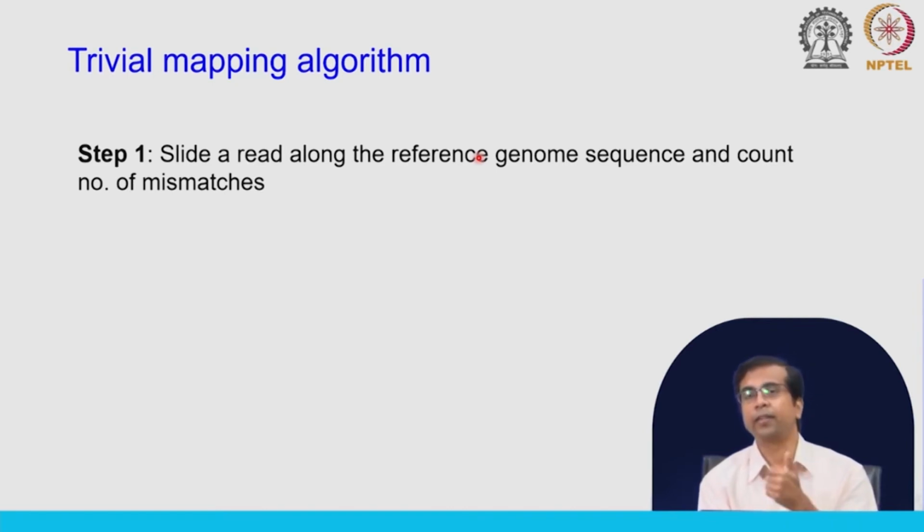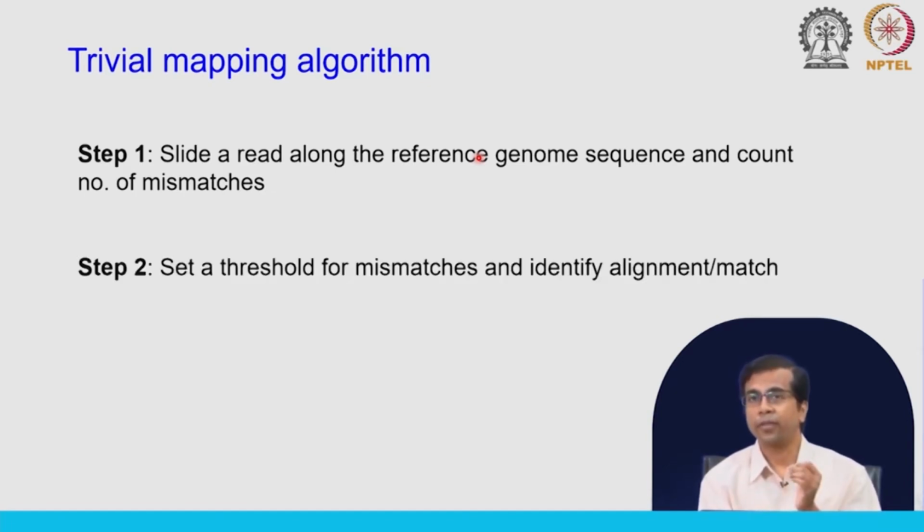Once we slide, we count the number of mismatches compared to the reference sequence, and if the number of mismatches is below a threshold, we can say, okay, this is an alignment, this is where the read maps. So, this accounts for the sequencing errors or mutations that might be present in the data, and there might not be any perfect match.